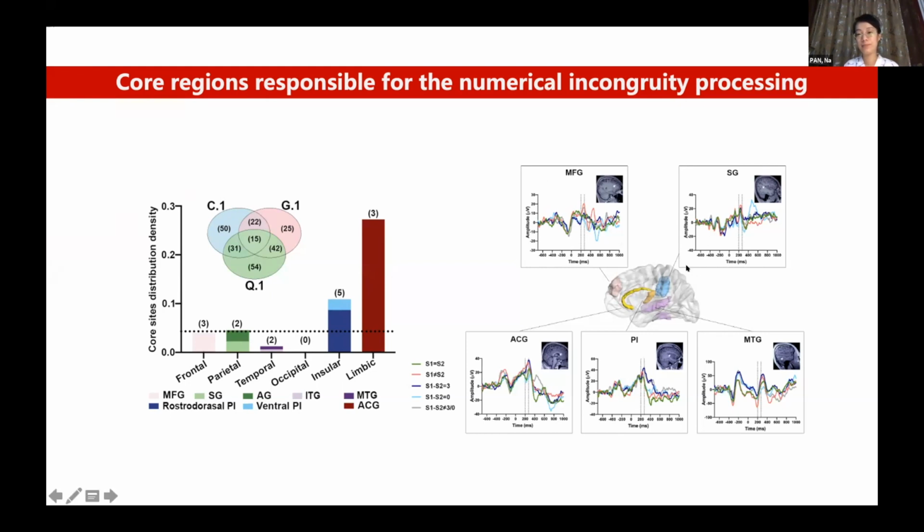All the recording sites are shown in the template brain.